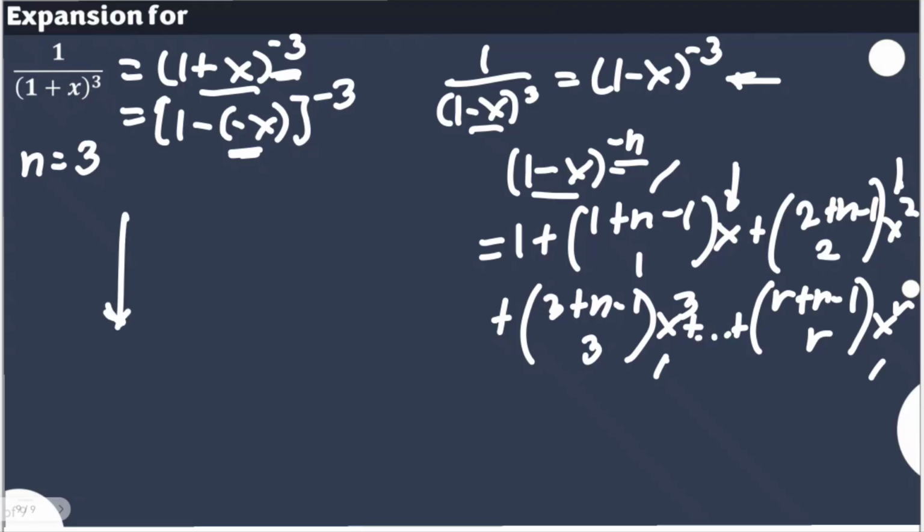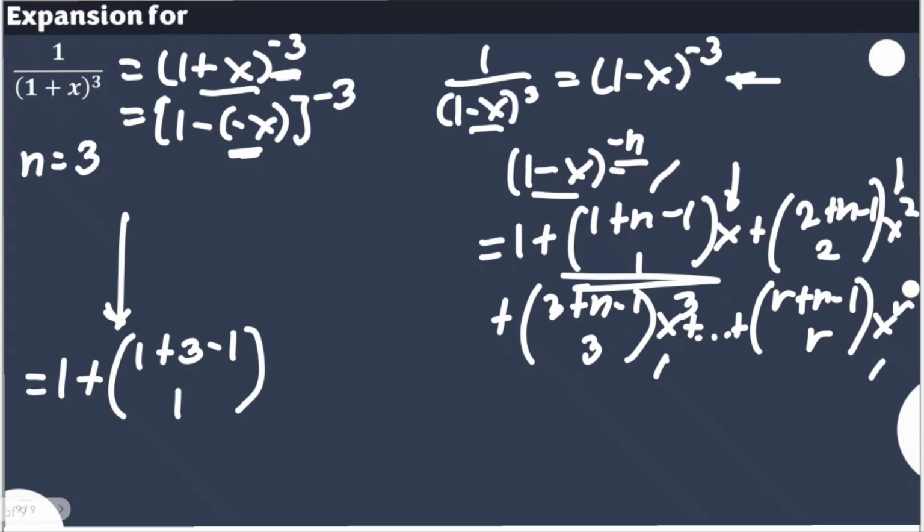So what will happen here is this. Still the formula: 1 plus 3 minus 1, combination 1, for this first item. But your multiplier is no longer x, it's actually negative x. That's the thing that is different, because in our previous example all of the terms were plus; now that there is a negative x, we will be expecting alternating signs in our result.